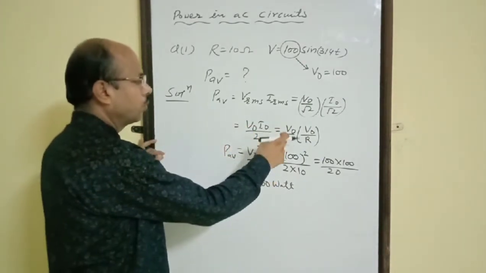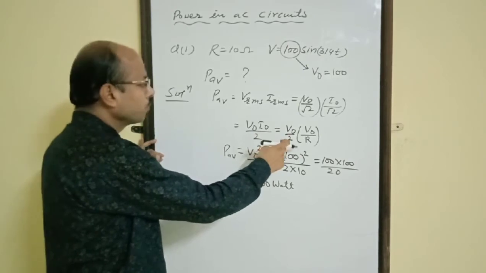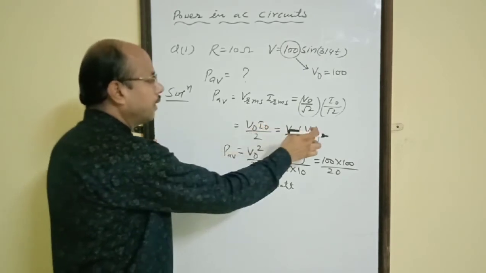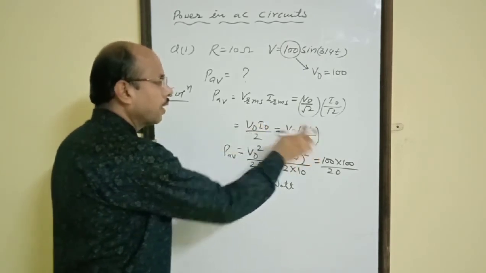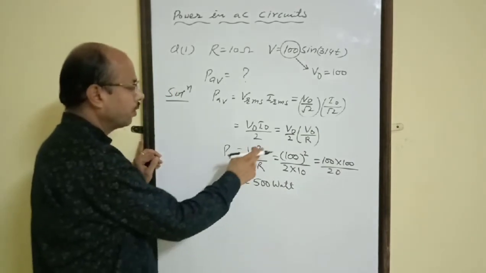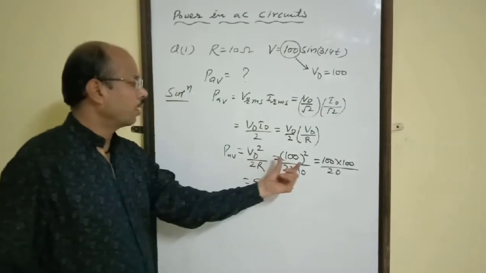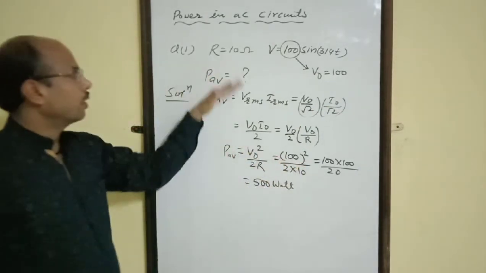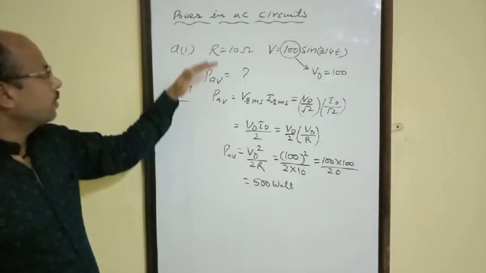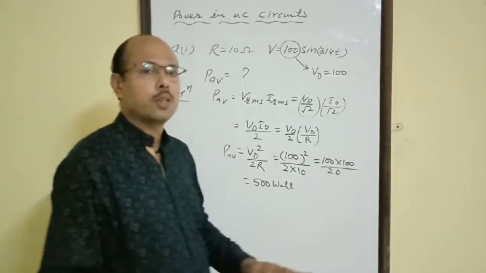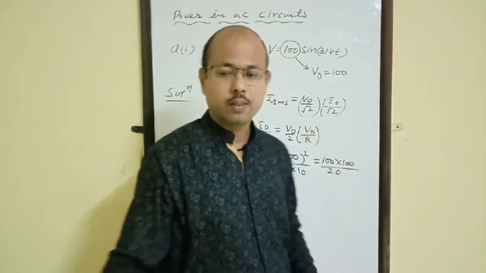I naught can be written as V naught by R, and finally it becomes V naught square by 2R. With the peak value 100, we can put the value and solve it. So this is the question related to power consumed in a resistor.